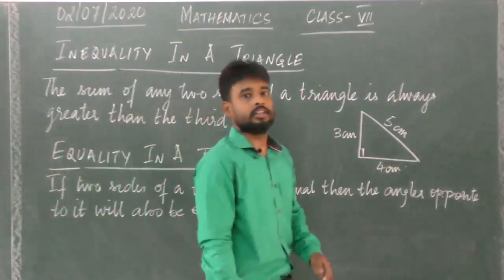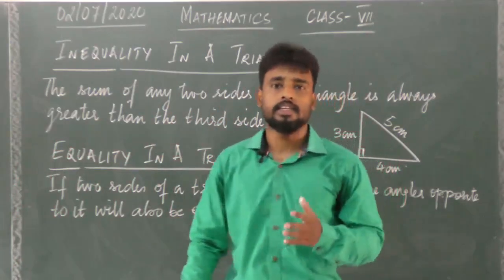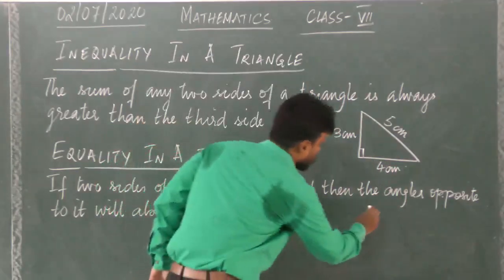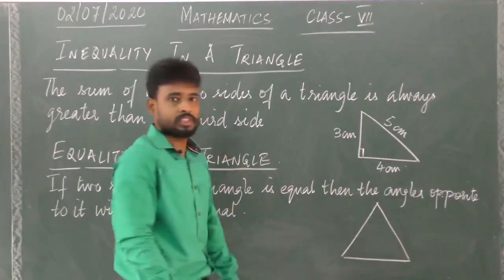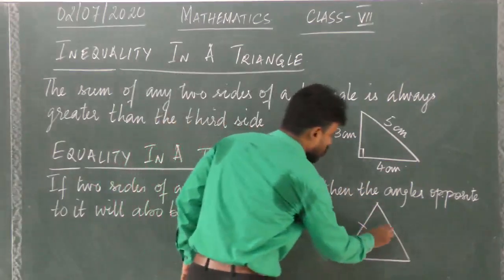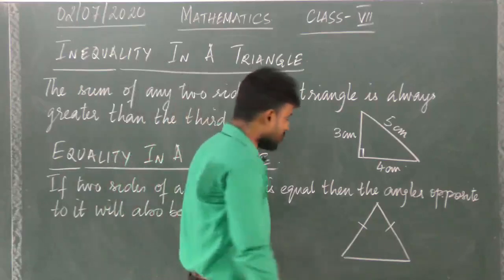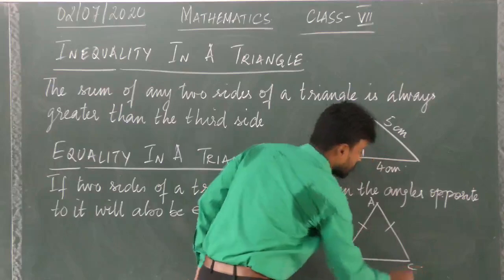So I've written that if two sides of a triangle are equal, then the angles opposite to them will also be equal. Now let us see. We have this isosceles triangle where the two sides are equal. Let us mark it as ABC.